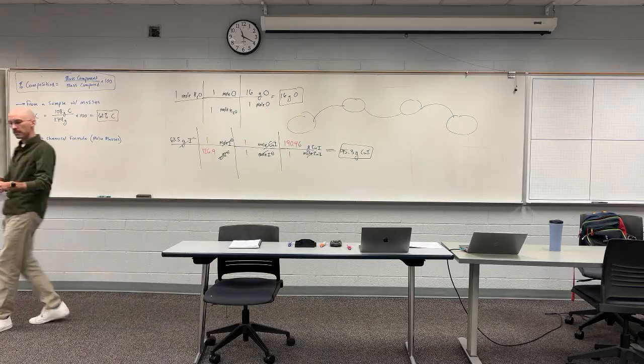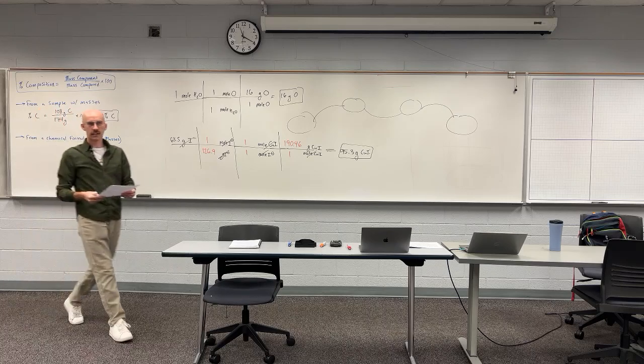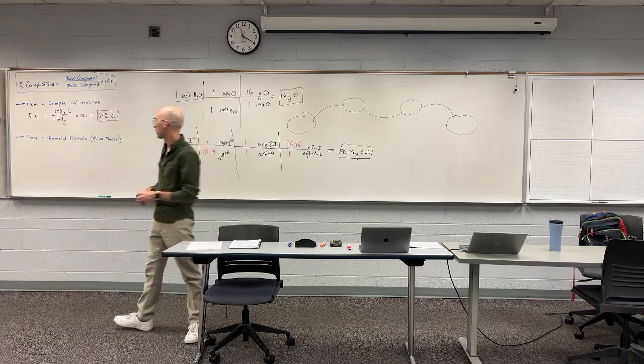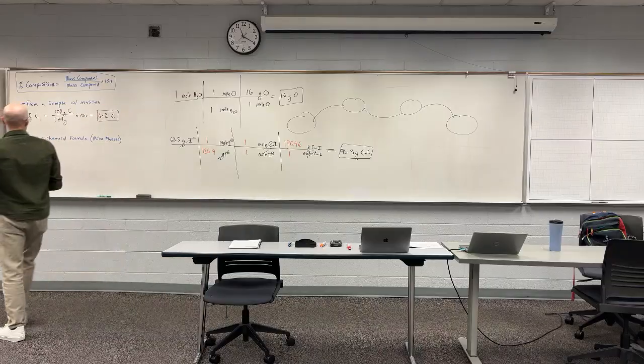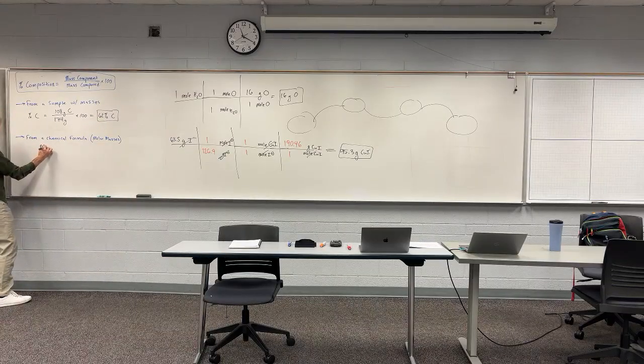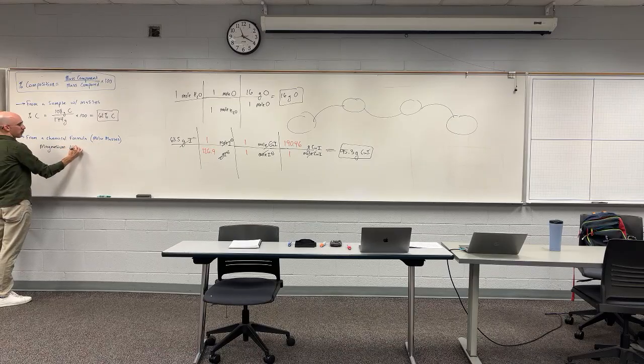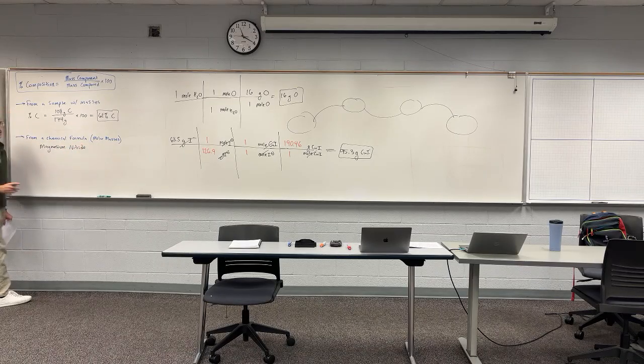Let's look at the bottom one together, because I want to work out this chemical formula with you guys. What is the percent composition of nitrogen in magnesium nitride? What is the chemical formula of magnesium nitride? Well, first of all, is this ionic or covalent? This is ionic. I have a metal and a non-metal. What is the ionic charge of magnesium?